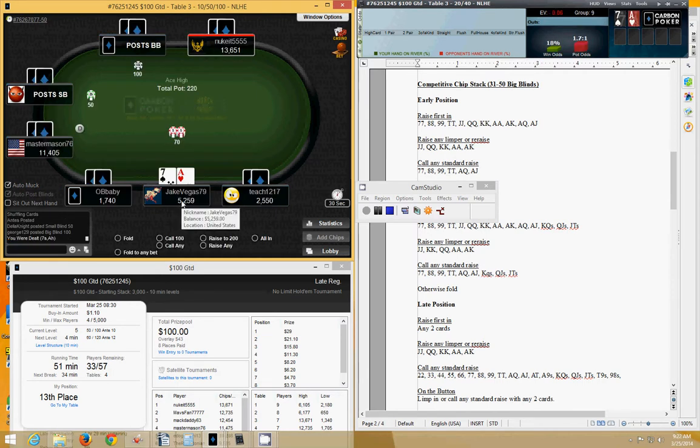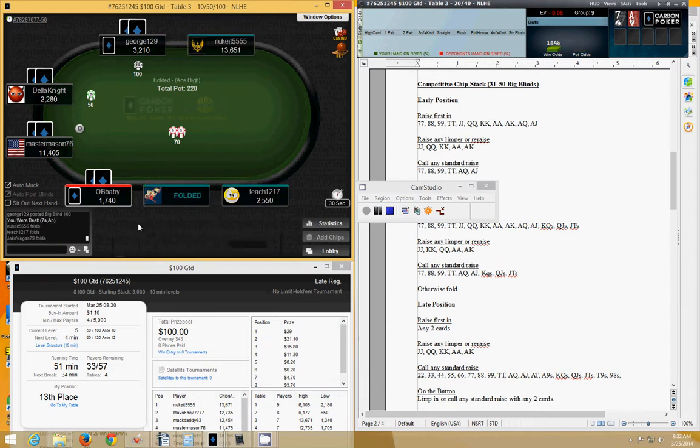We just added that 1,300 to our chip stack. Might have been right to call there. I don't like coin flip situations. I'd rather have an advantage. It's quite possible he had a lower pair, but I don't want to gamble on that at that particular moment in time.